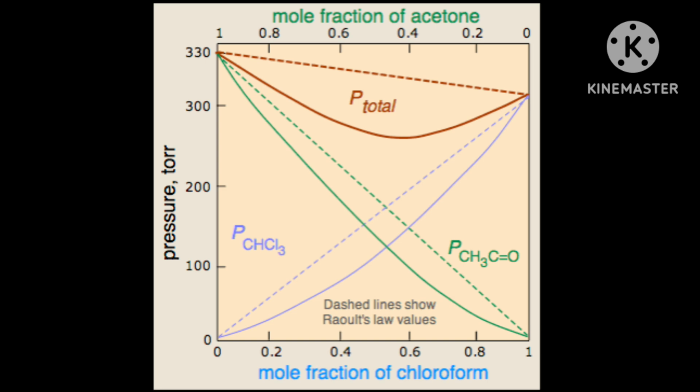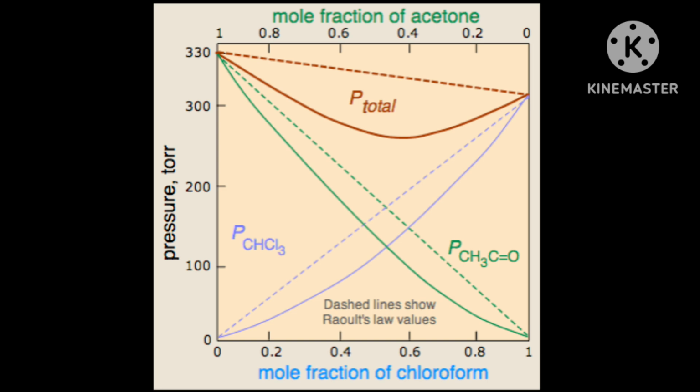Now the third type. What is the third type? A and B can also interact. Then now its effect you can see. Very interesting. Actually it was complicated, but now we will understand very easily.